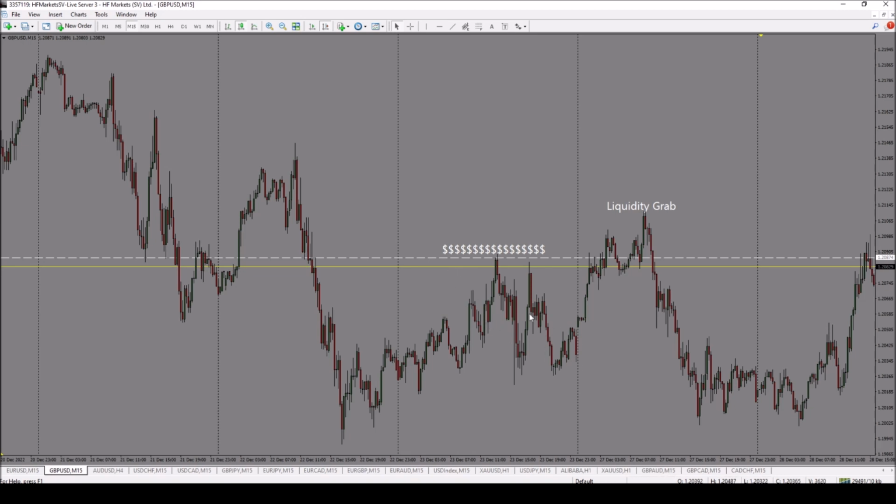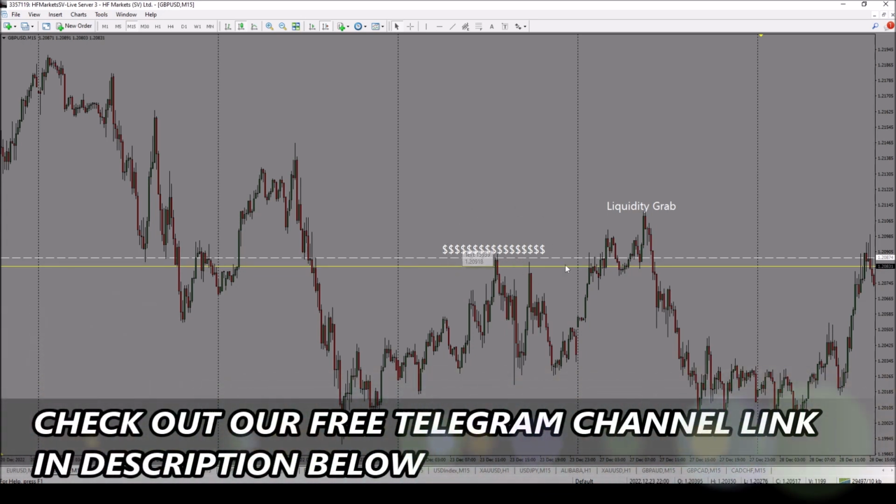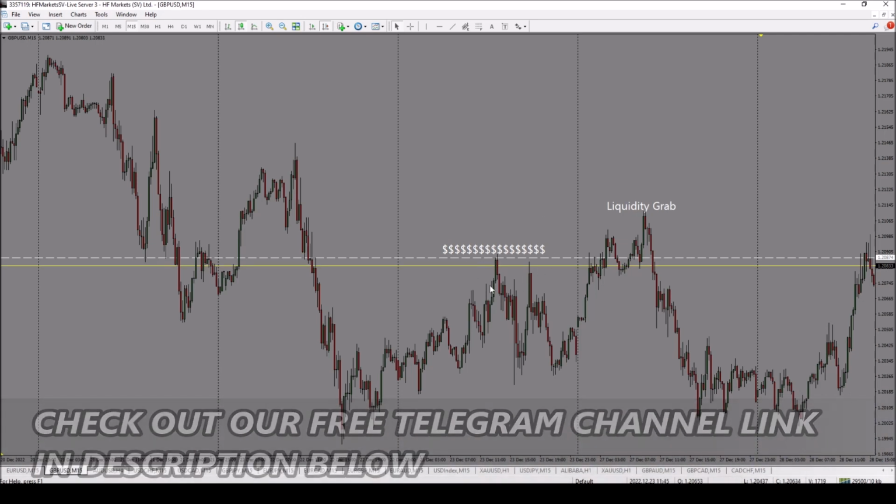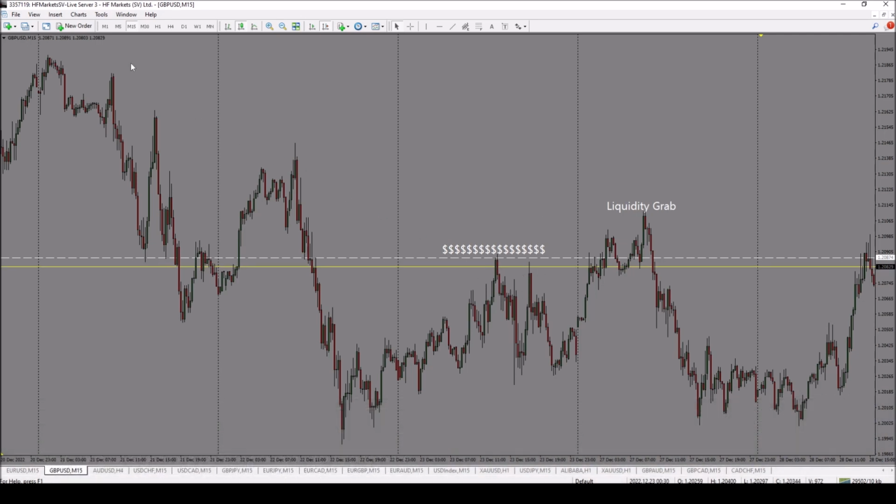In this case, we can see the market actually came above this zone. Why? Because that was the zone where there were stop losses of sellers who were actually trading, probably using trend lines and so forth.